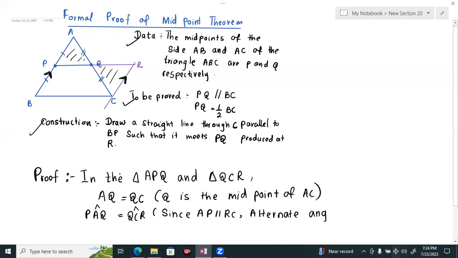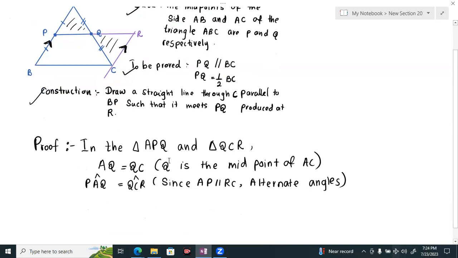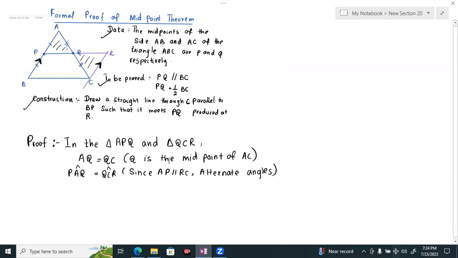Another one. Please tell me another one. AQP equals CQR. AQP equals RQC. Very good. Reason? They are equal.